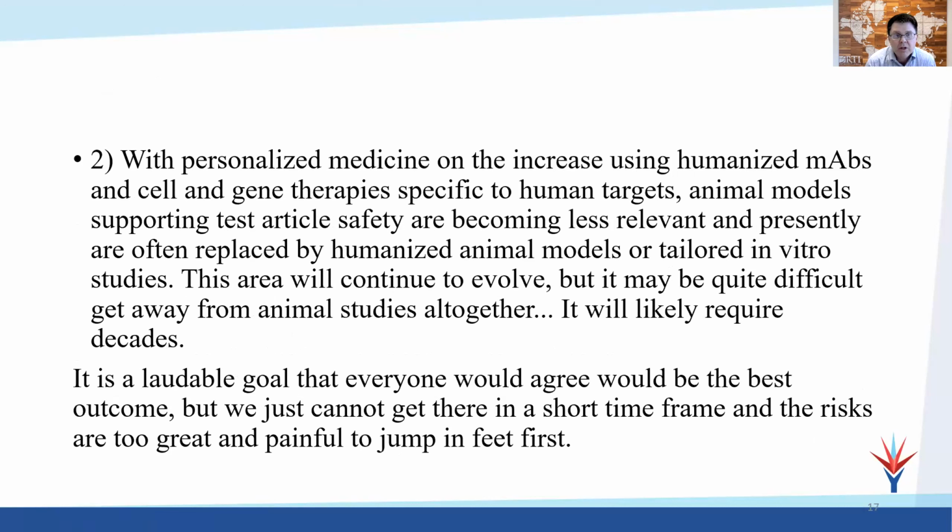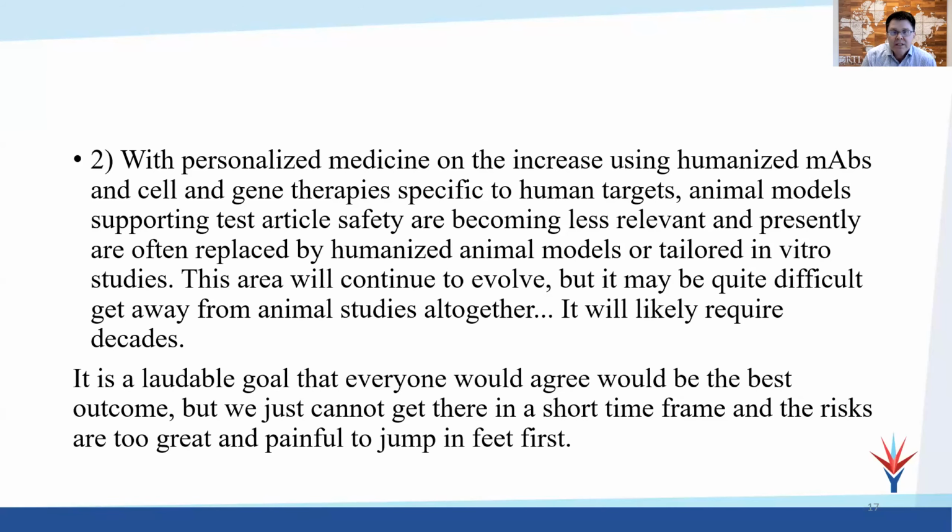And with personalized medicine on the increase, with humanized monoclonal antibodies and cell and gene therapies that are specific to human targets, the animal models are becoming less relevant and have been replaced in some cases by humanized animal models or tailored in vitro studies.